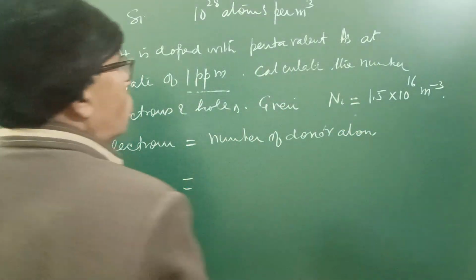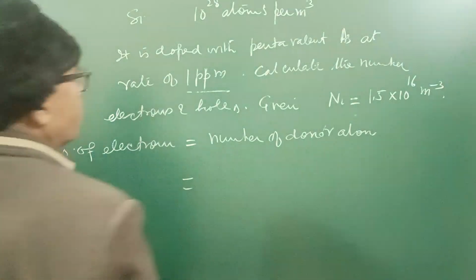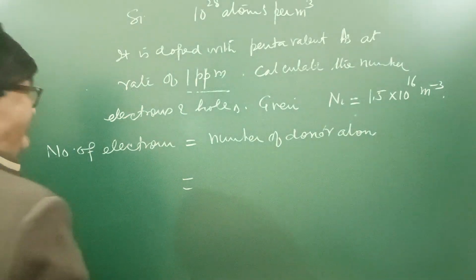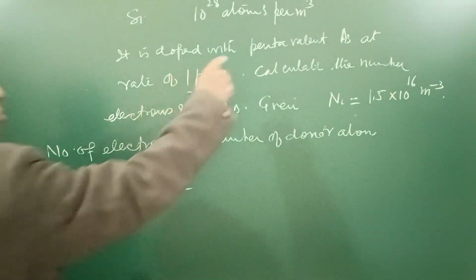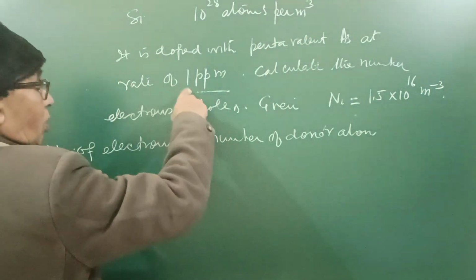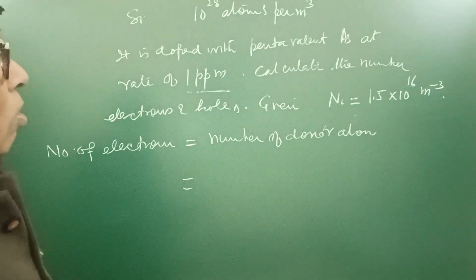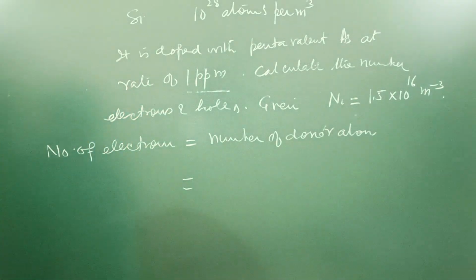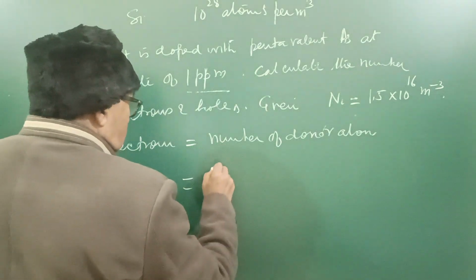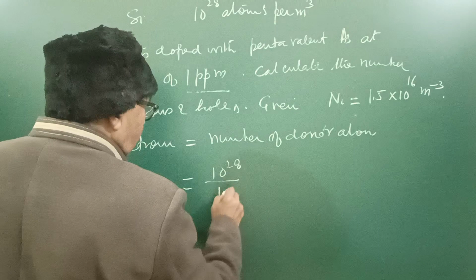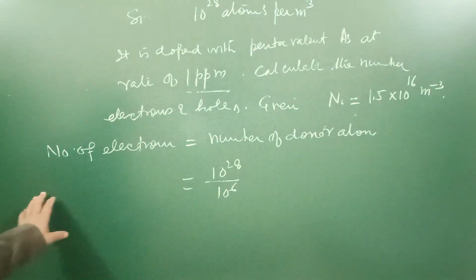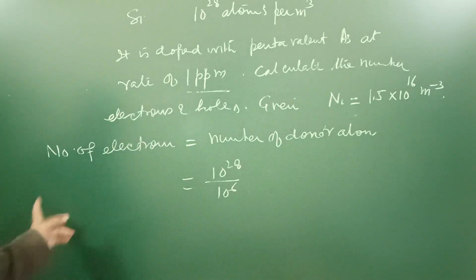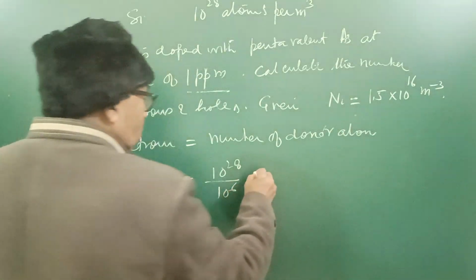Among 10 to the power 6 silicon atoms there is one arsenic atom. So the number of donor atoms is equal to 10 to the power 28 upon 10 to the power 6. I hope you have got my point.